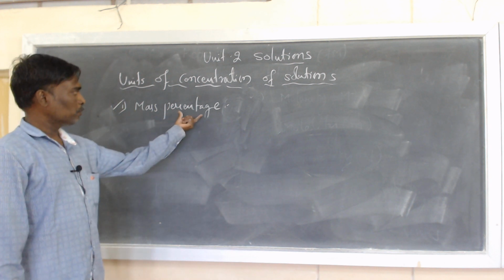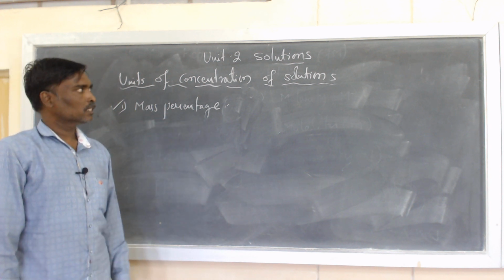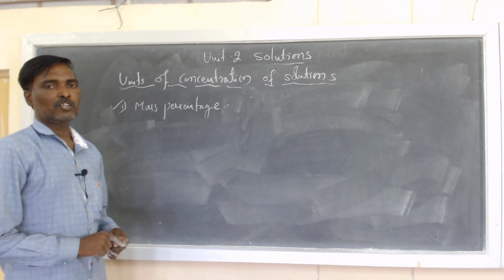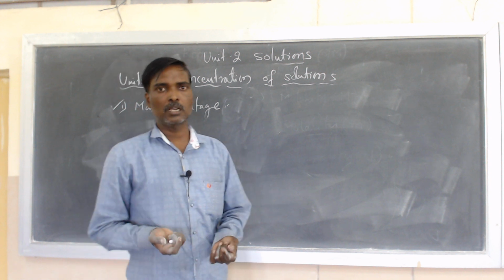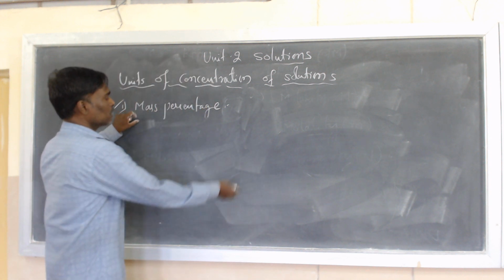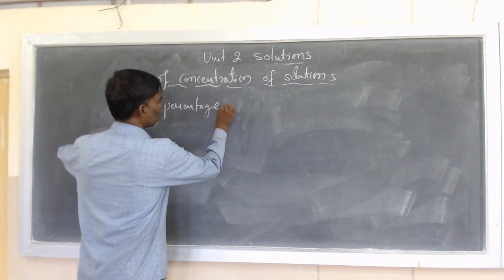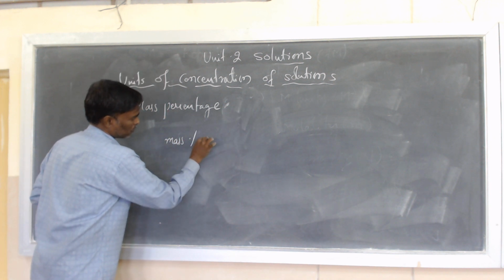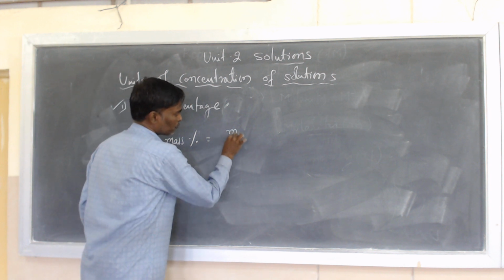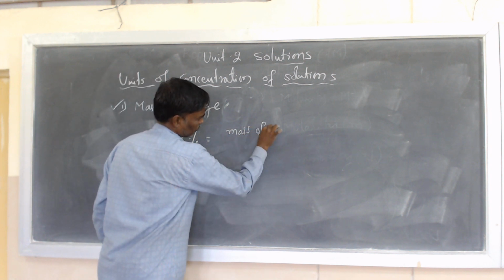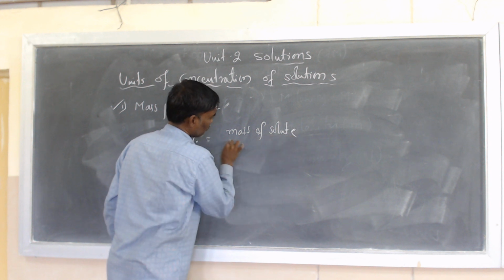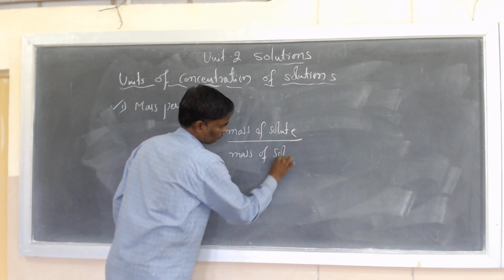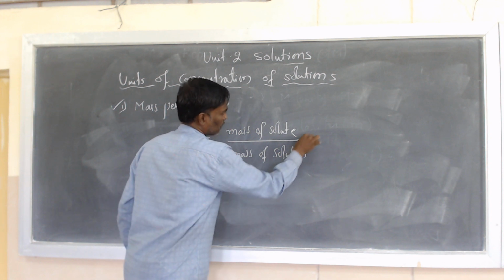Here, students, percentage means we are expressing the concentration of a solution in terms of percentage. For example, 1%, 2%, 3%, like that. So we write the formula as: mass percentage is equal to mass of solute by mass of solution into 100.